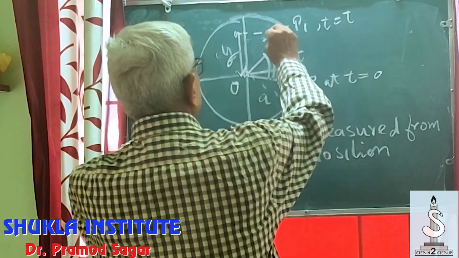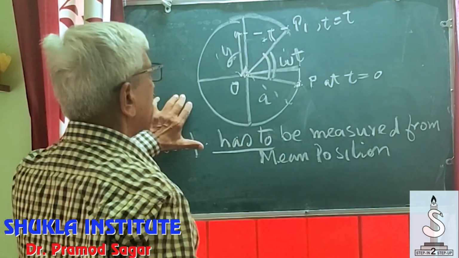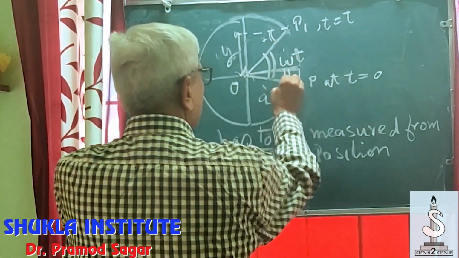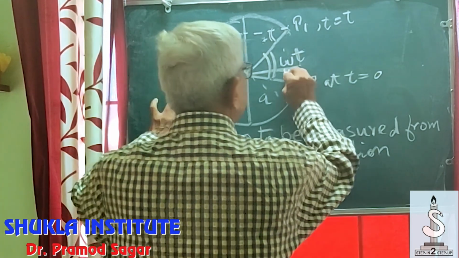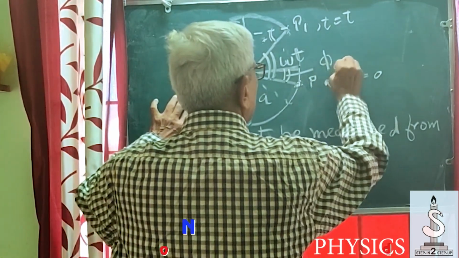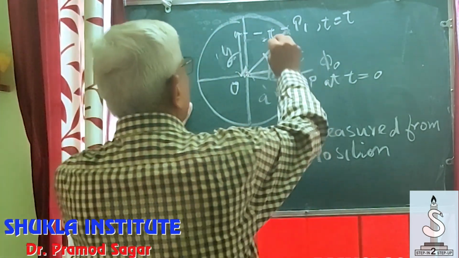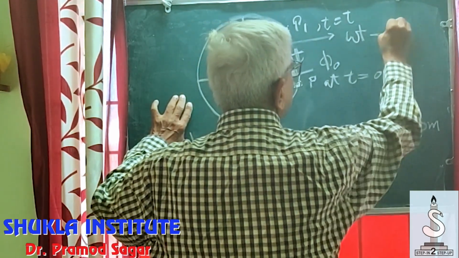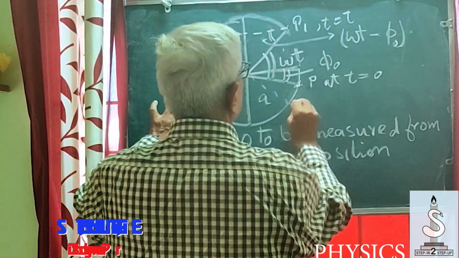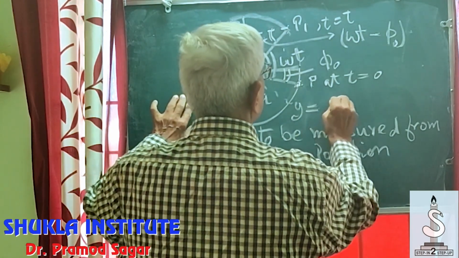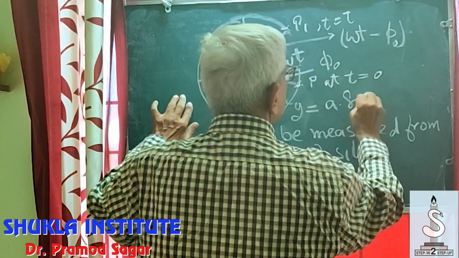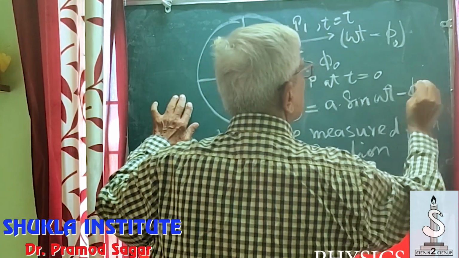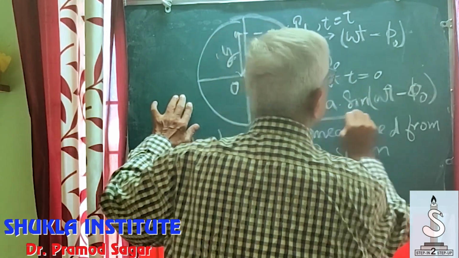But how much is this angle? Can you see that this omega t also has this angle? So if this angle is phi naught, then this angle is omega t minus phi naught, and the equation becomes y is equal to a sine (omega t minus phi naught).